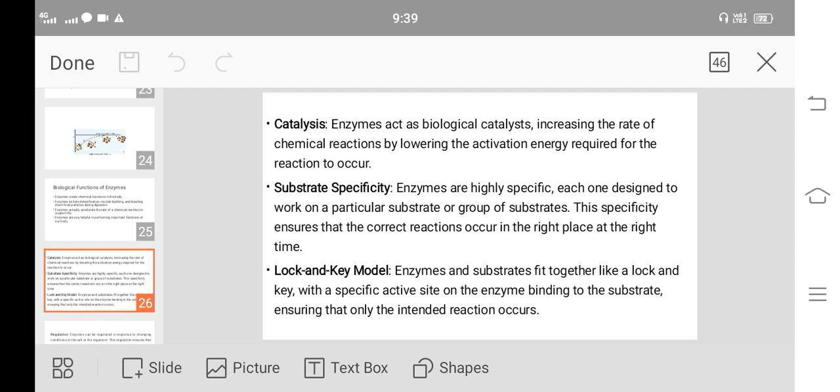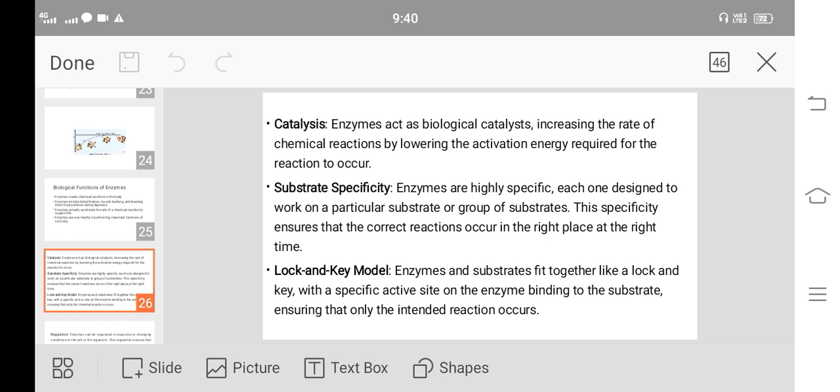Only with the help of lactase enzyme is the lactose substrate broken down and easily converted into product. This specificity also ensures that the correct reactions occur in the right place at the right time.